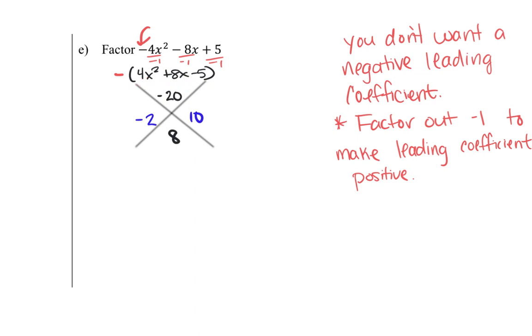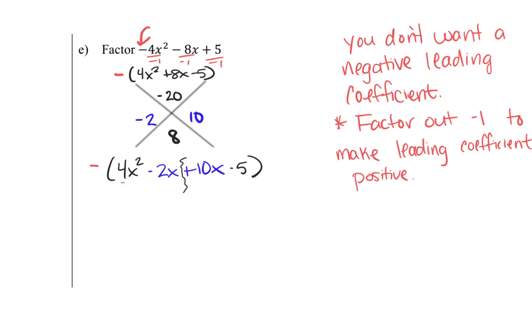So we have that negative that we factored out in the beginning. We have our 4x squared minus 2x plus 10x minus 5. From here, we split our polynomial in half to create groups. What are we factoring out of the first group?